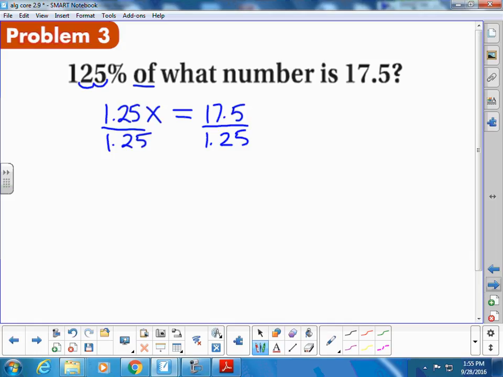And the answer is 14. Now let's see if that makes sense. 125% of what number is 17.5? Well, 100% of 14 is 14. So it's more than 100%, so that number has to be bigger than 14, which it is. So that should be right.